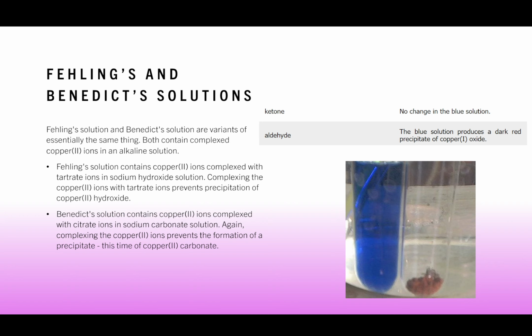Looking at reducing and non-reducing sugars, the ones that have ketone groups will not react. And the ones, for example glucose, which are aldehydes, give this dark red copper(I) oxide precipitate. So this blue solution provides this dark red precipitate, and we've seen this before time and time again.